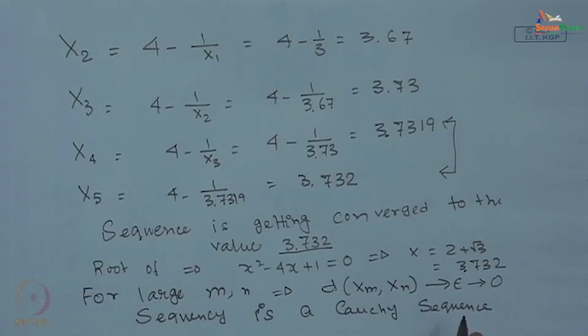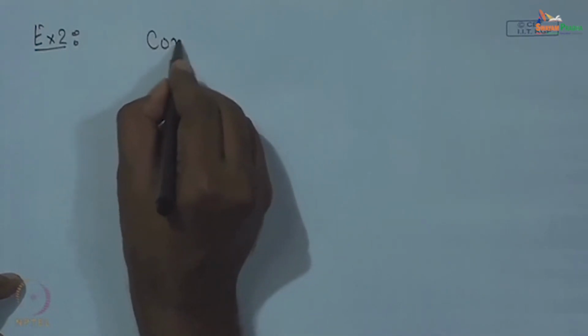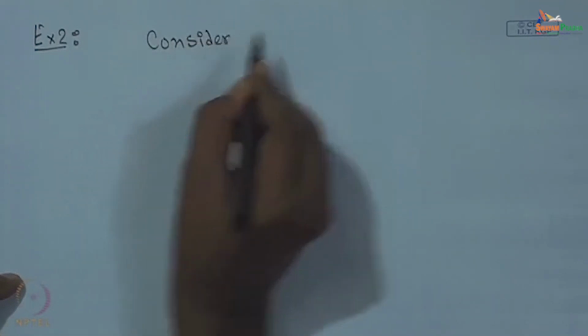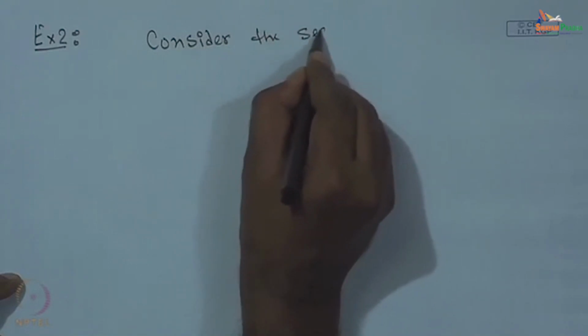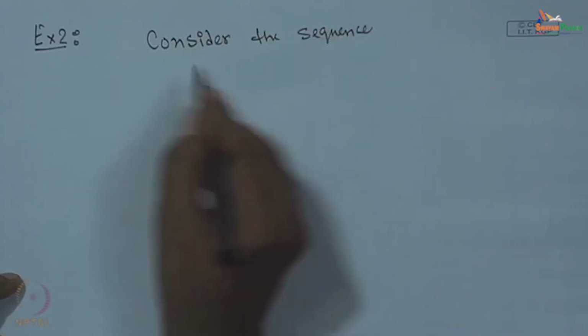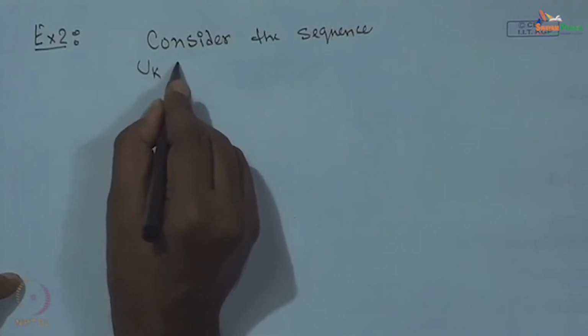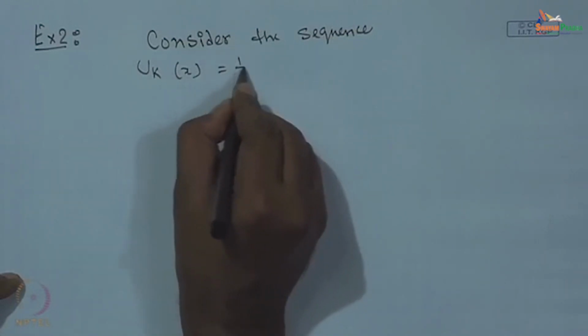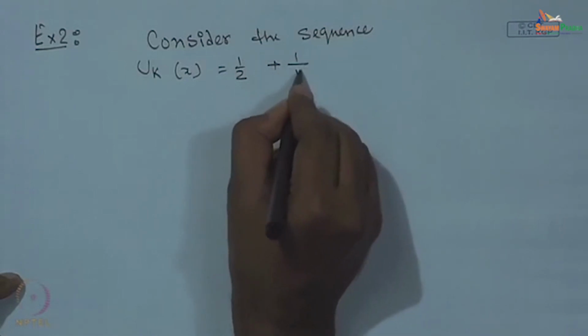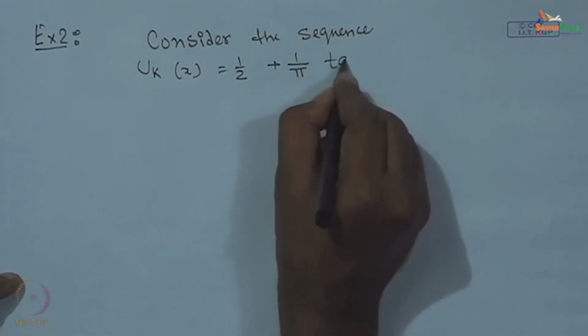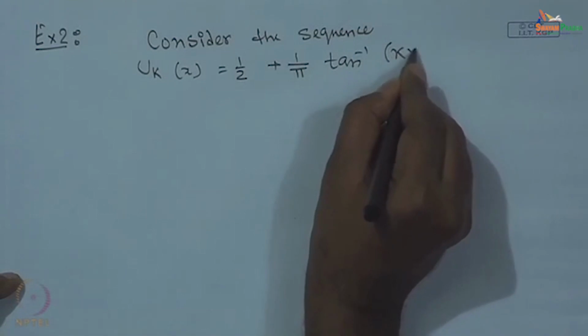Okay. So, now let us look into example number 2, where we are talking about a sequence which is not a Cauchy sequence. So, we consider the sequence u_k(x) is equal to half plus 1 over pi tan inverse of kx.